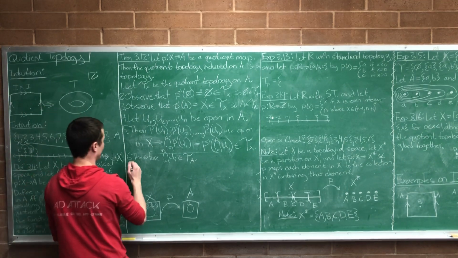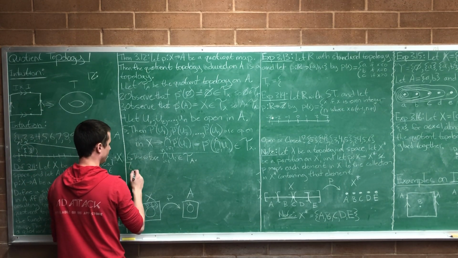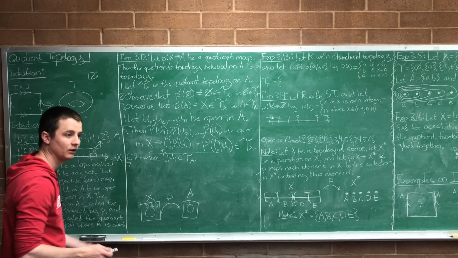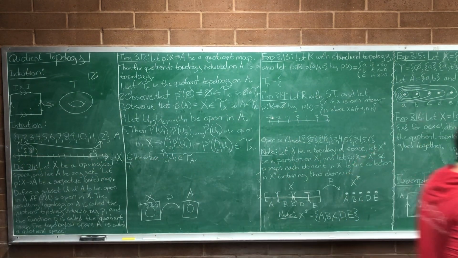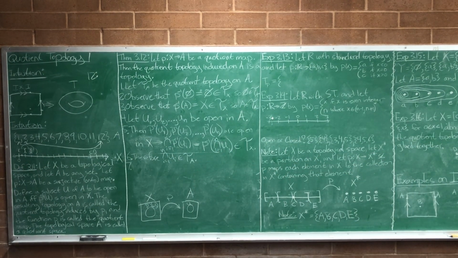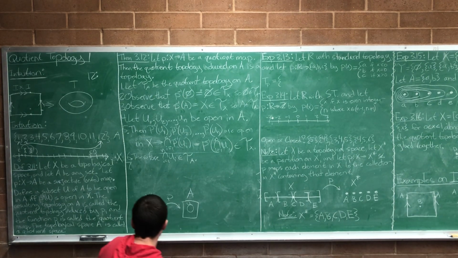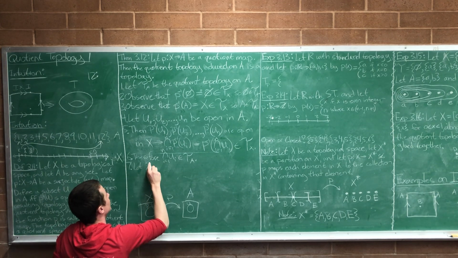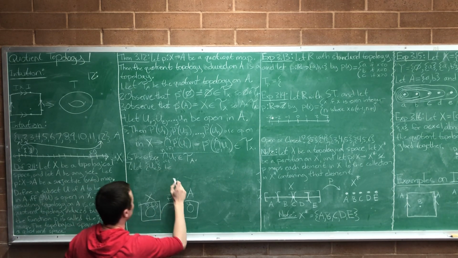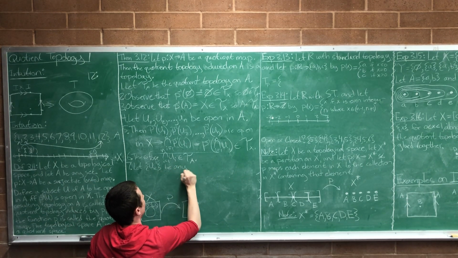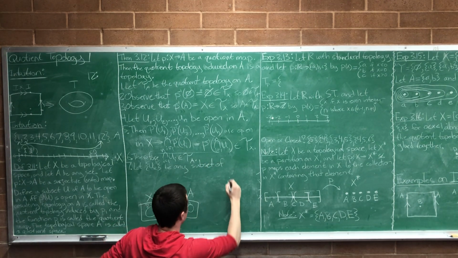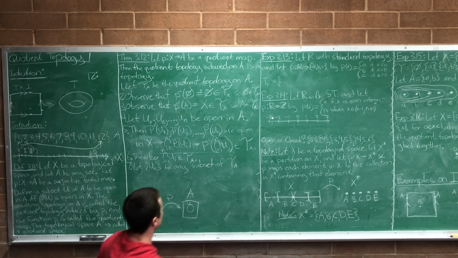Okay. Now the last one we won't write out as much. But now we need to prove that an arbitrary union of open sets in A is also an open set. An arbitrary union of open sets is open. Last property of the topology. So let U sub alpha be any subset of tau sub A. Right?